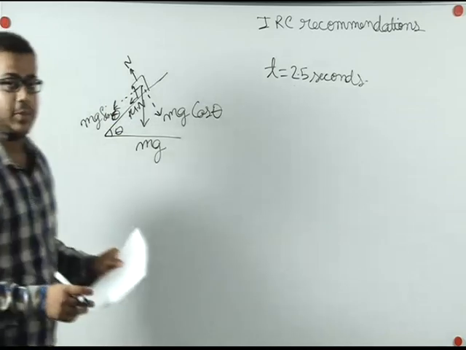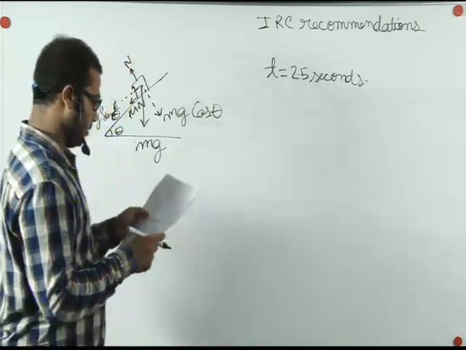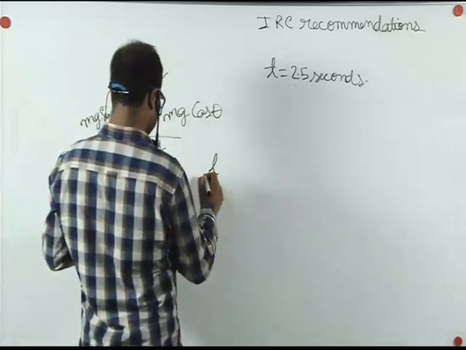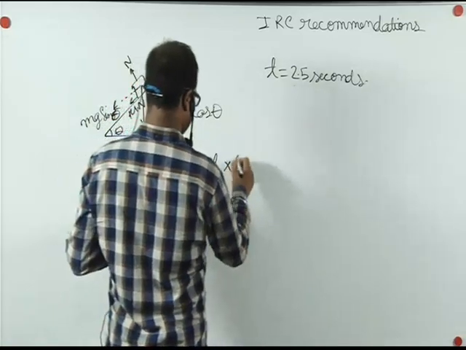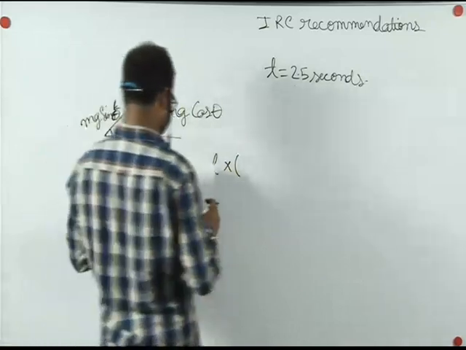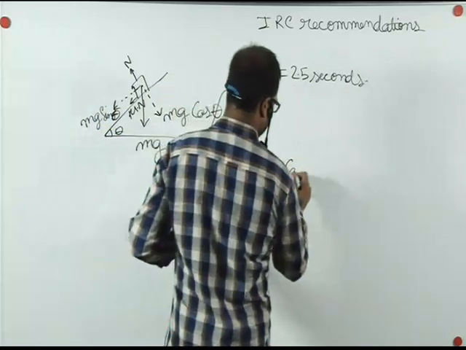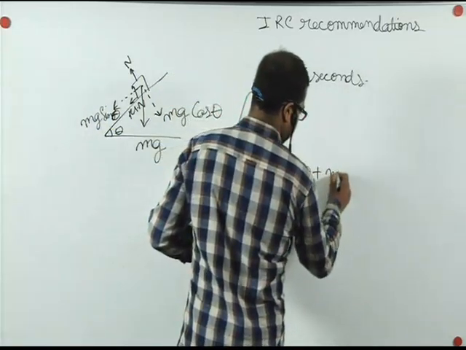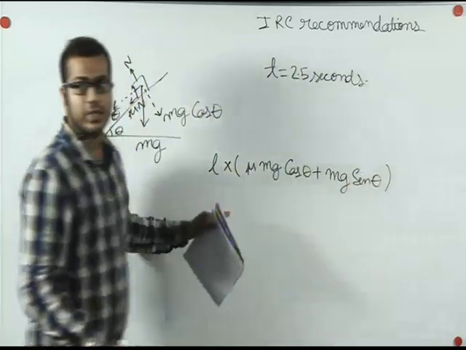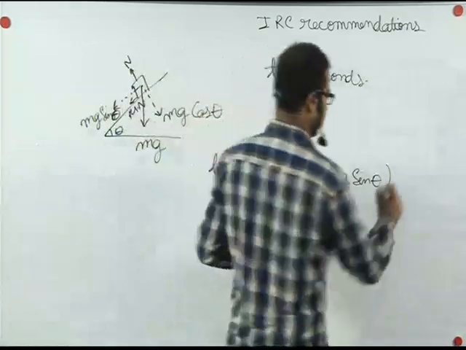Here we have to calculate the braking distance. So the braking distance L we can calculate by adding these two components, mu mg cos theta plus mg sin theta. This component we have to equate with kinetic energy, which is half mv square.